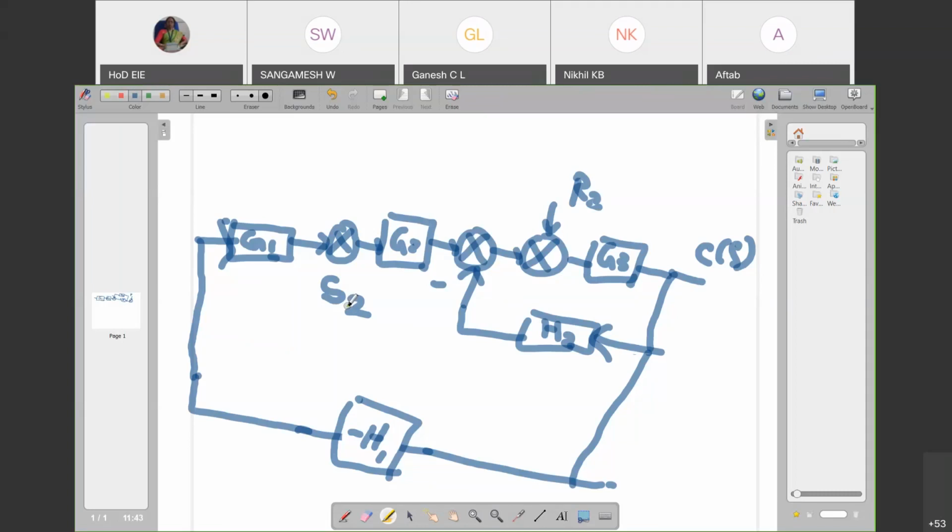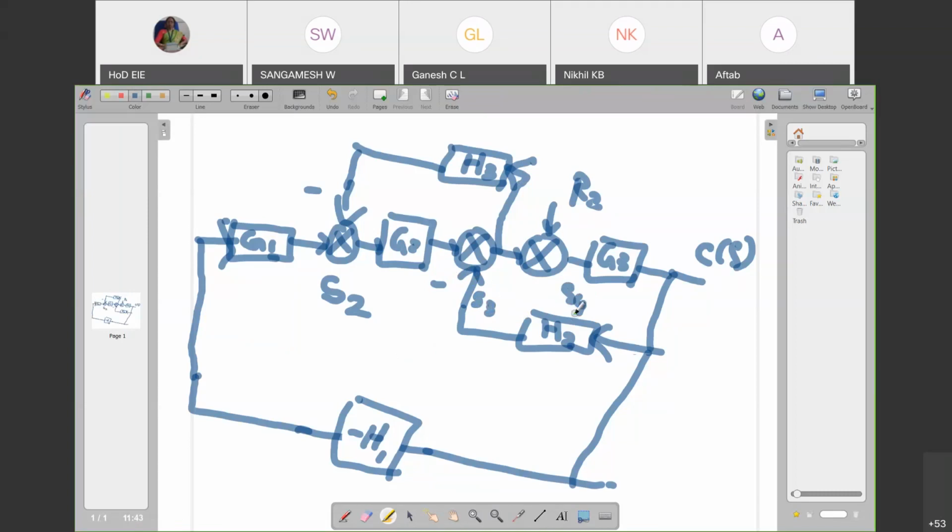And also we have to the S2 negative input terminal, you have H3. That H3 is coming in between two of them. So there is a takeoff point between the summing elements S3 and S4.